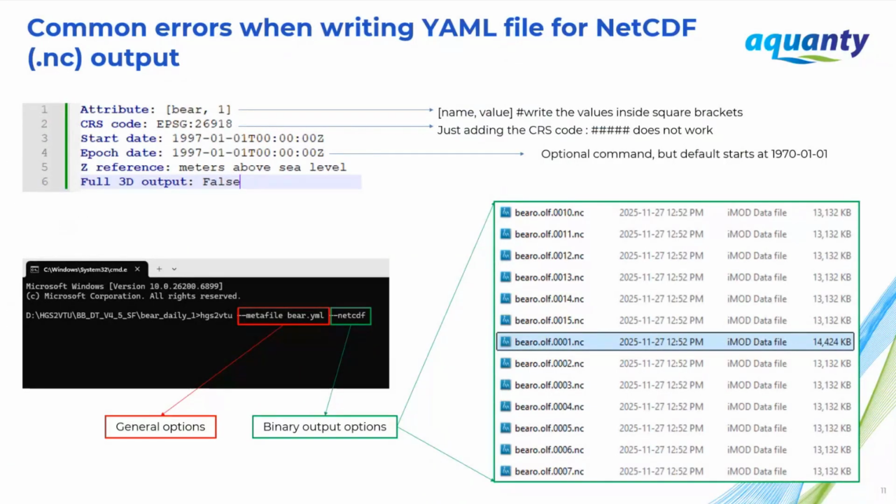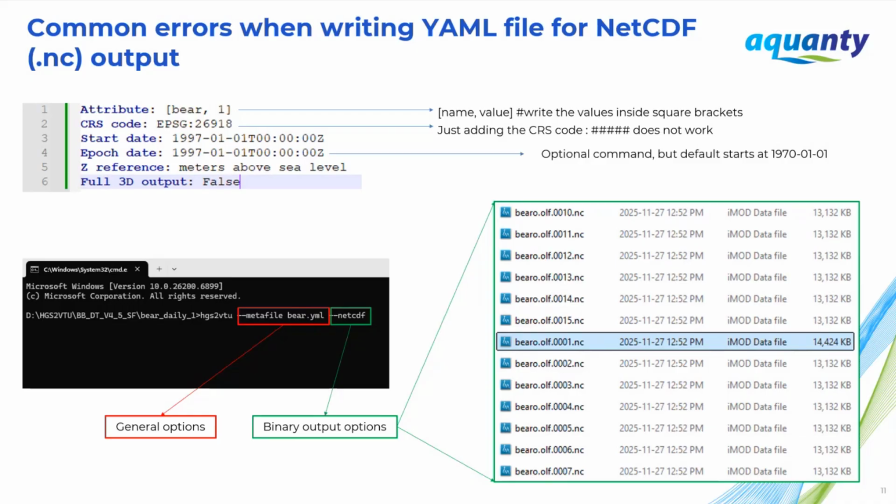So when I was explaining the general options, one command was the netcdf file outputs, which reads a human-readable configuration file called the YAML file, which is mandatory to create netcdf file outputs.